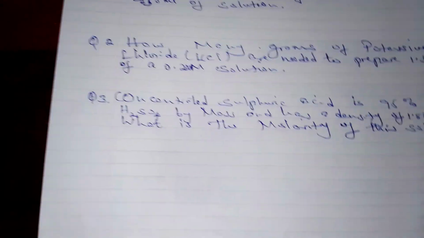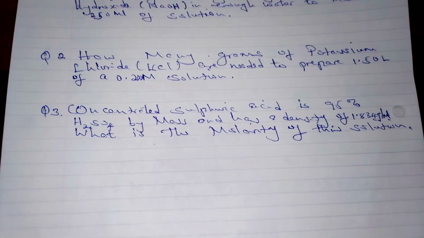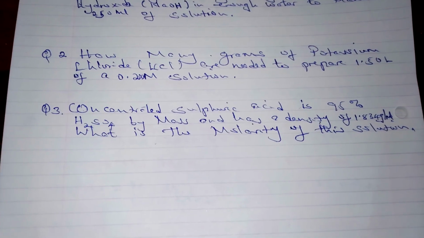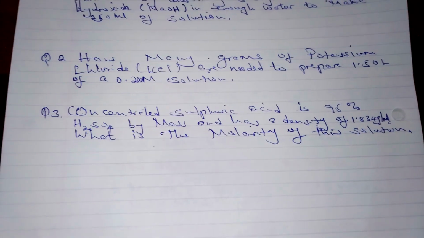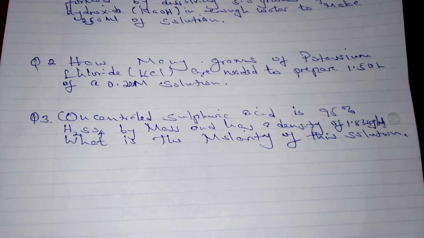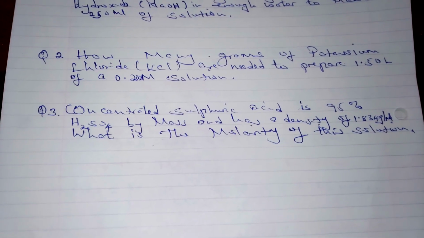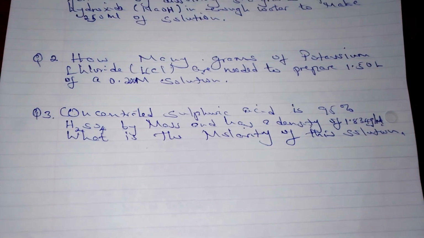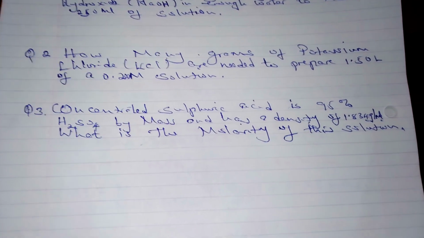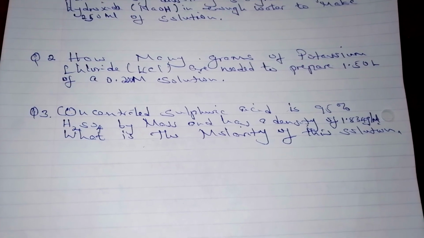Question 3. I read: concentrated sulfuric acid is 95% sulfuric acid by mass and has a density of 1.834 grams per mole.